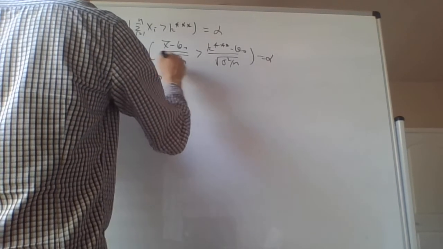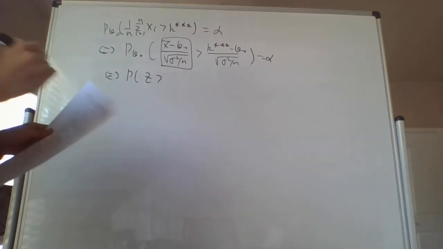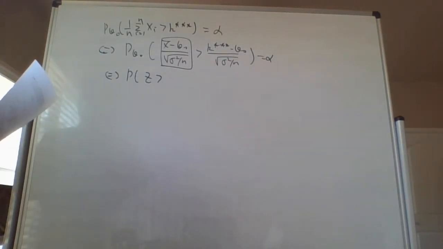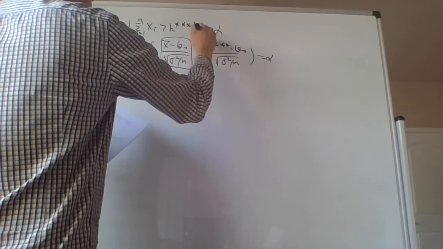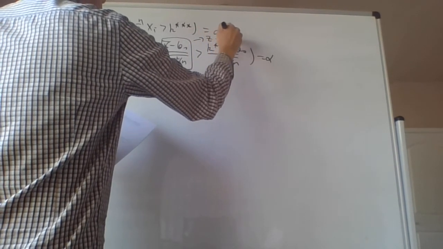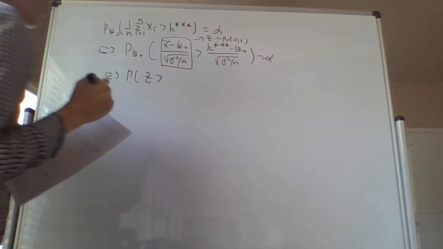And under the null, the ratio on the left hand side is the standard normal.